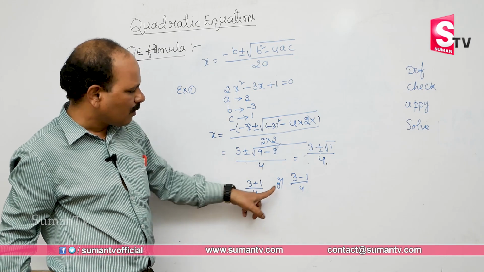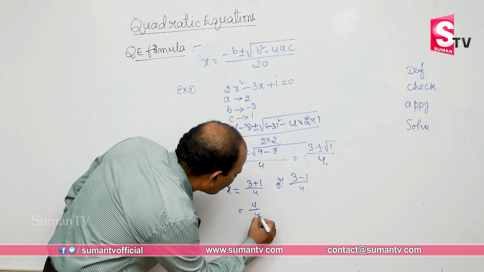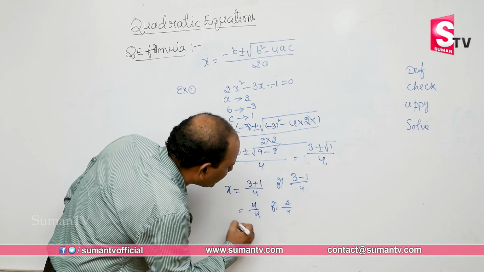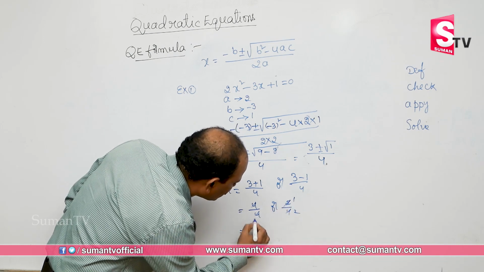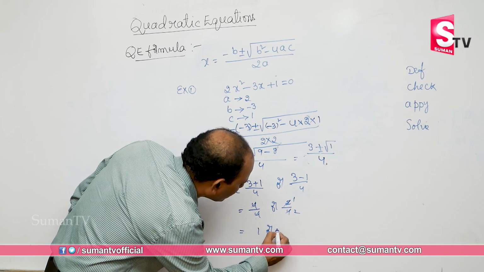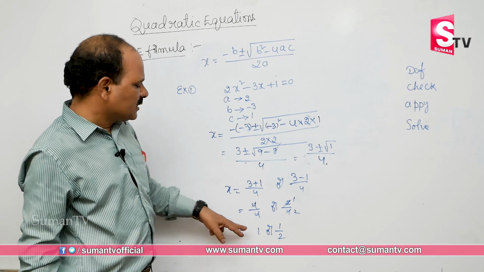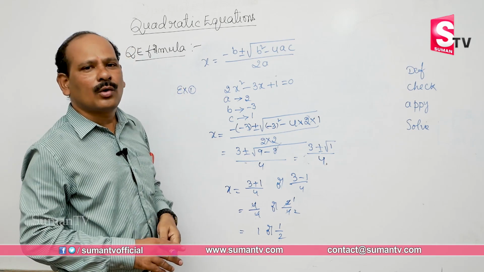That is equal to 4 by 4 or 2 by 4. 4 and 4 get cancelled, 1 by 2. So the value of x is equal to 1 or 1 by 2. In this way, we can solve the quadratic equation by using the quadratic formula.